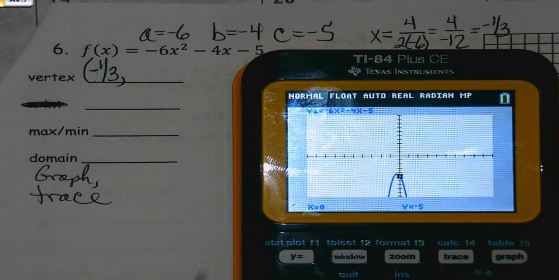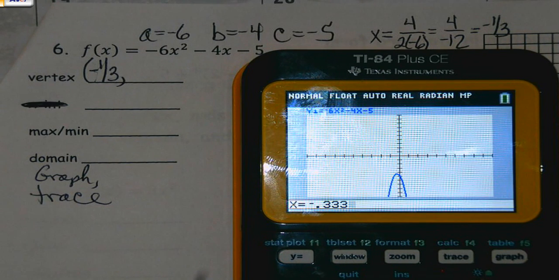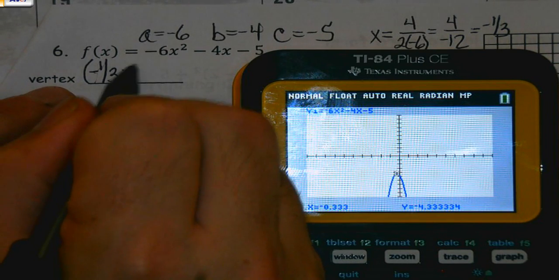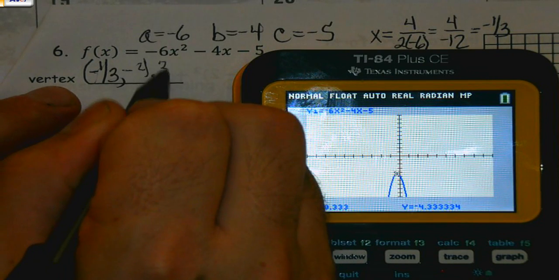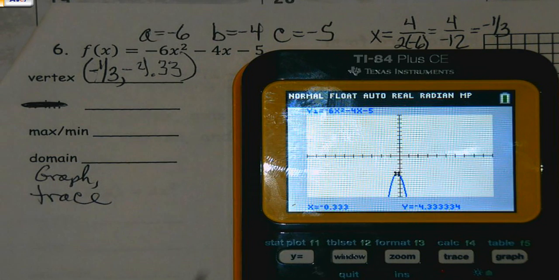So if I decide I'm going to type in negative 0.333 instead of negative 1/3, that's fine. And I hit enter, the y value will show up down here on the bottom of the screen, which in this case is negative 4.333.